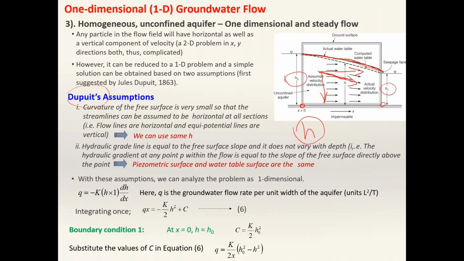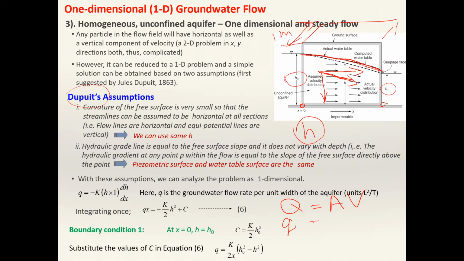In that case, we can write Q is equal to AV. Then if you consider a unit aquifer width, the width of this aquifer is 1 unit, so this is 1 meter. In that case, we can write simple q. So the relationship between capital Q and simple q is that we are talking about 1 meter unit width.